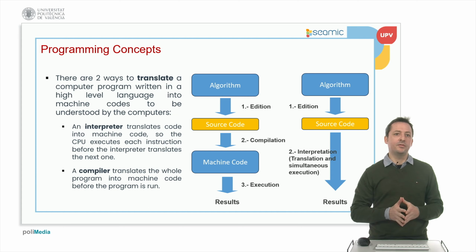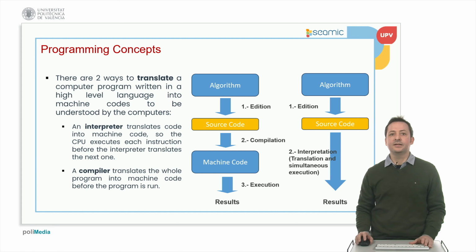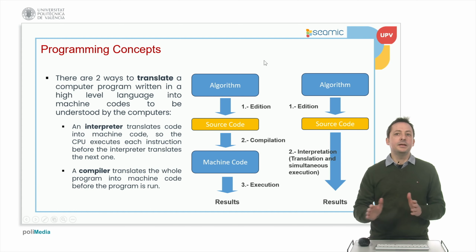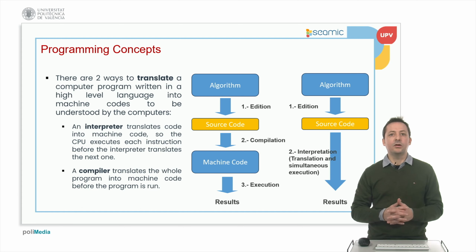And another type is compiled languages, which need to translate the code that we write into compiled code that the machine can understand. But at the end, the algorithm that we write is quite similar, only the syntax changes.